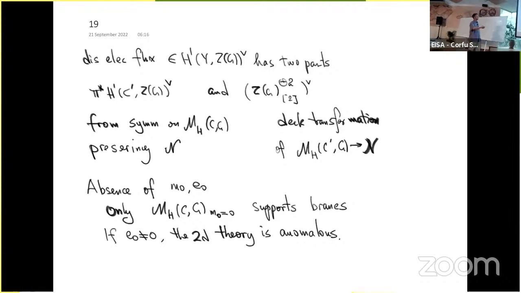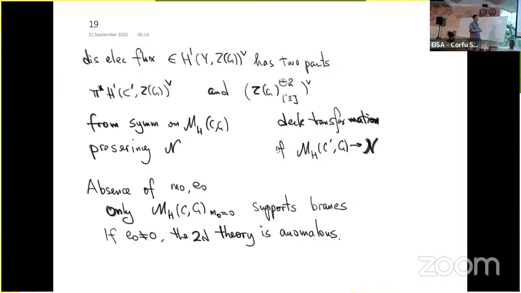And the other is the deck transformation of this finite cover, which I talked about. But again, remember there are two boundary points for the open string, and so there are two copies, and this is exactly what happens when you calculate from 4 dimensions.